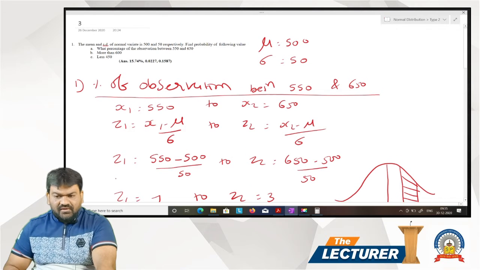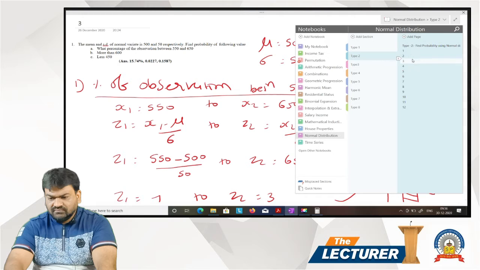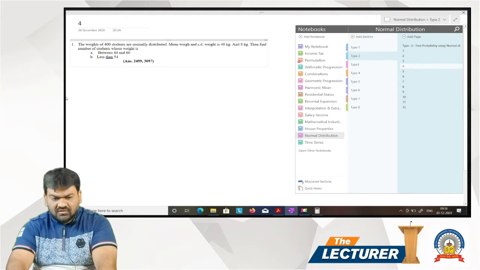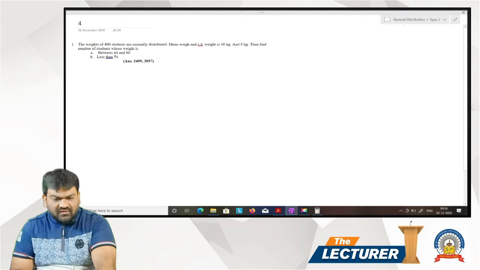Here our sum is completed. Now next, example number 4. The weights of 400 students are normally distributed. Mean weight and standard deviation are 48 kg and 8 kg. Find the number of students whose weight is between 44 to 60, and second, less than 54. We have to find the number of students.